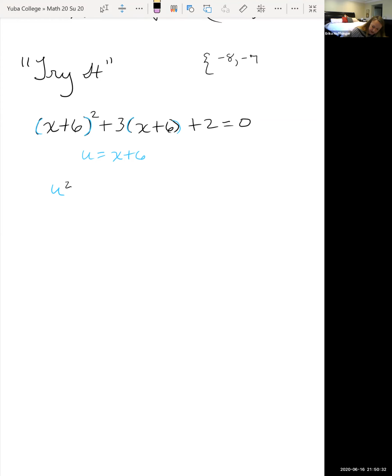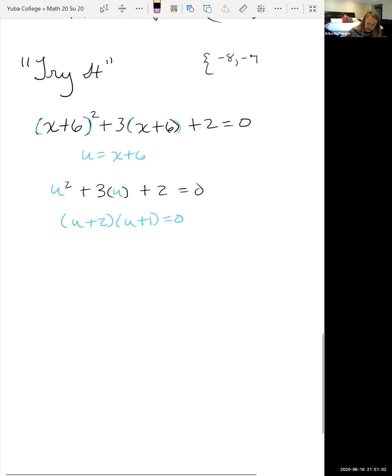And so we're looking at what multiplies to give us 2 and adds to give us 3. So that's positive 2 and 1. So u plus 2, u plus 1 equals 0. Now I'm setting each factor equal to 0 and solving for u. So u plus 2 is equal to 0 when u is negative 2.